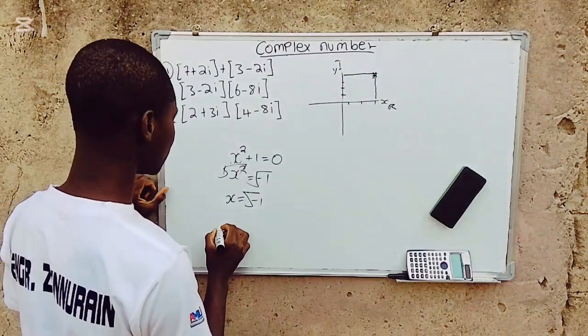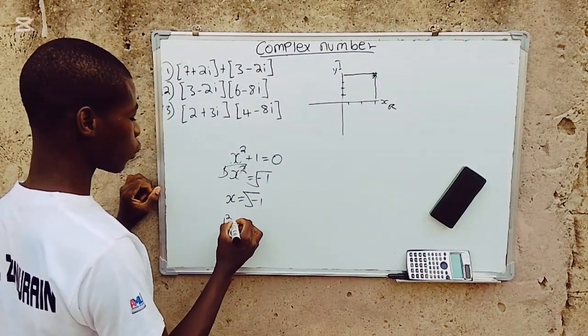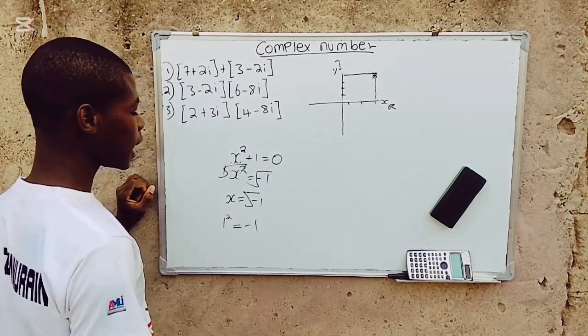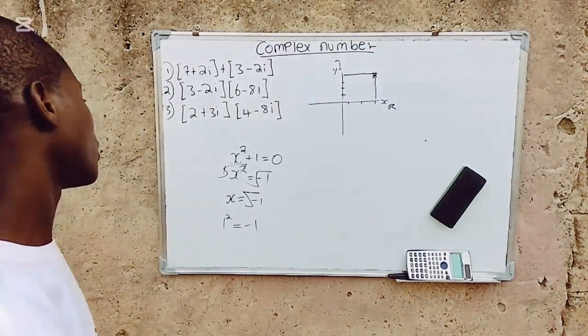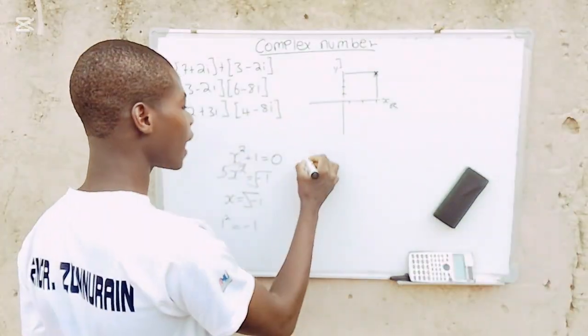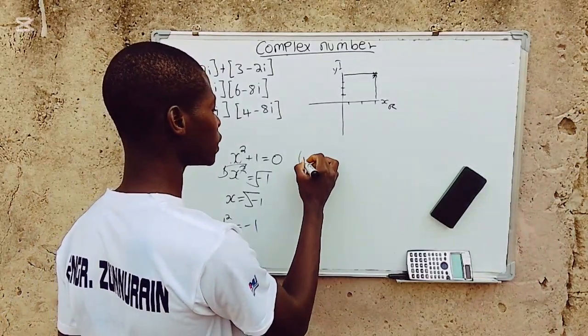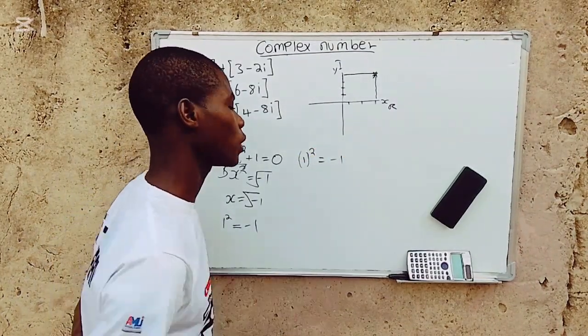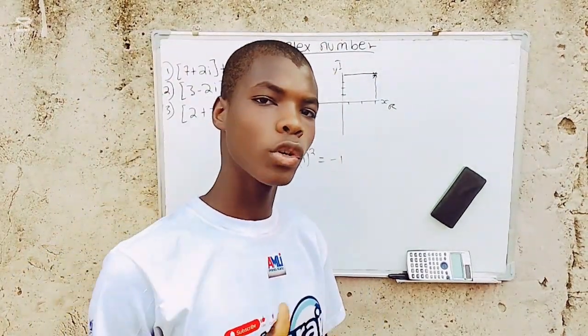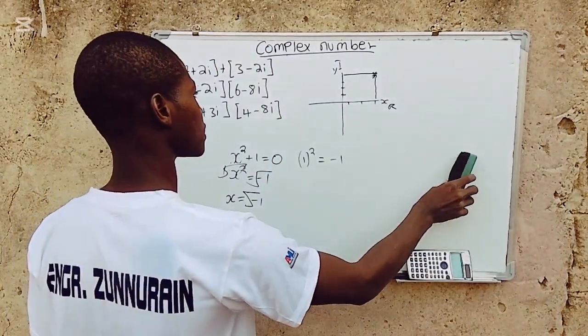So therefore I can say that i squared is equal to negative 1. Whenever you are calculating in complex numbers, whenever you see i squared, it is the same thing as negative 1. Let me solve this first question and see.